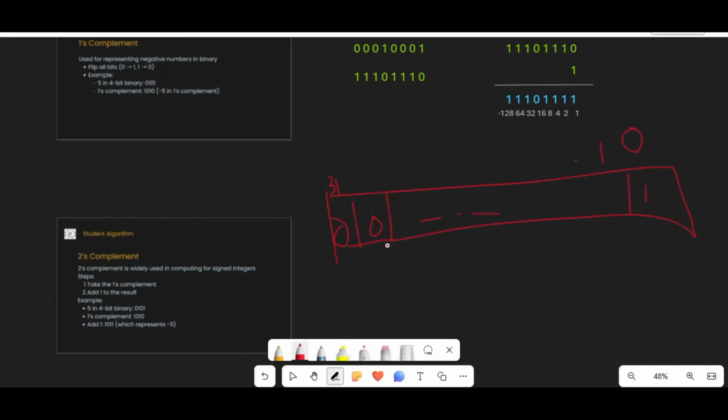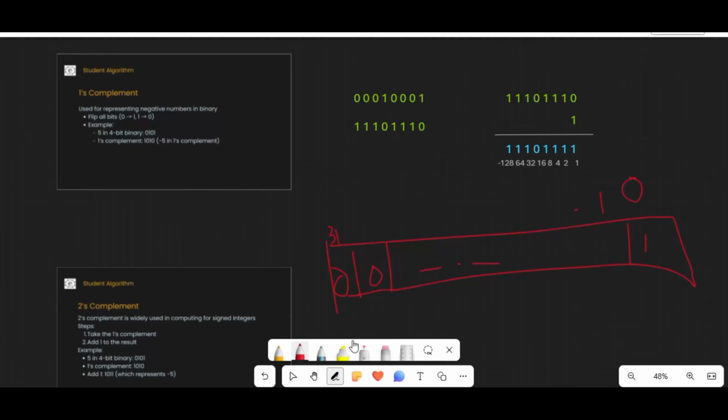To understand this, it is difficult to write all 32 bits, so we'll discuss it in the form of 8-bit architecture. So now let's get into the video.